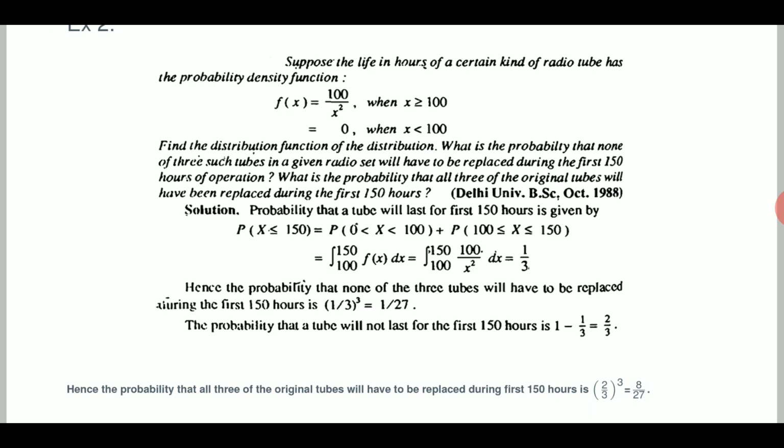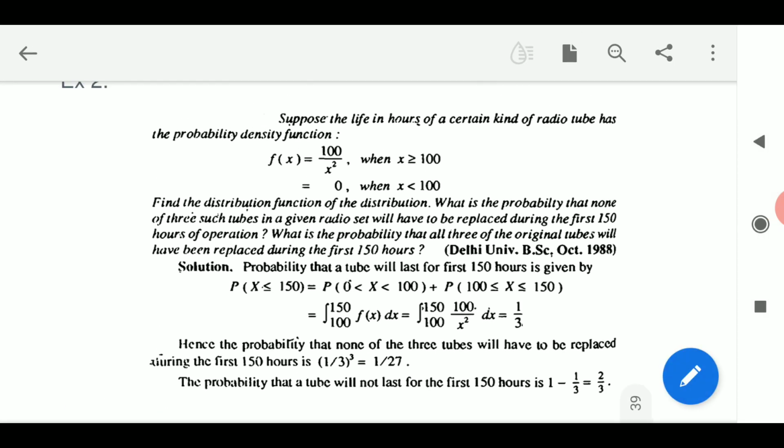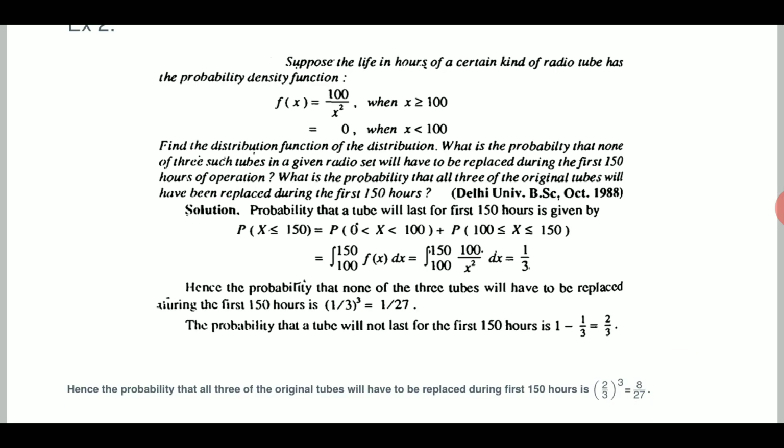Suppose the life in hours of a certain kind of radio tube has a probability density function fx equal to 100 by x square when x is greater than or equal to 0, and equal to 0 when x is less than 0. Find the distribution function. They have given us the PDF and they are expecting us to find the capital F, the distribution function. What is the probability that none of three such tubes in a given radio set will have to be replaced during the first 150 hours of operation?